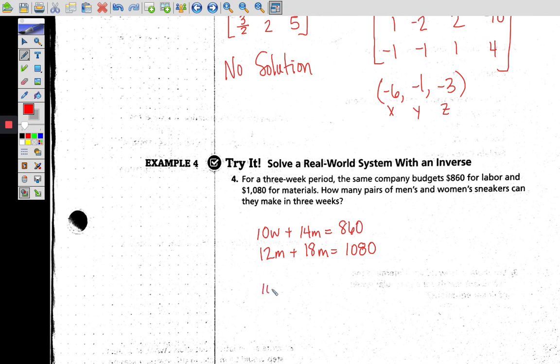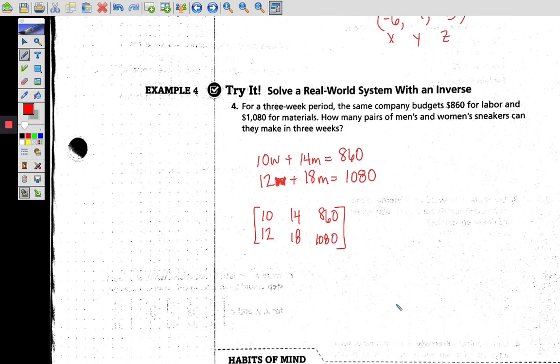So if we write this as a matrix, we've got 10, 12, 14, 18, 860 and 1080. When we get it, it'll give us the men's and women's sneakers that we can make. So again, we're going to use RREF.